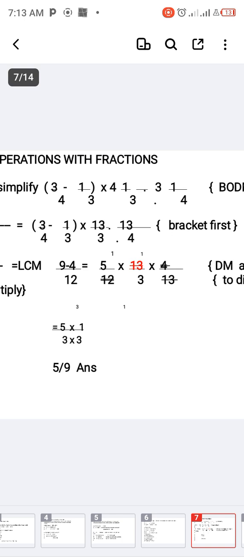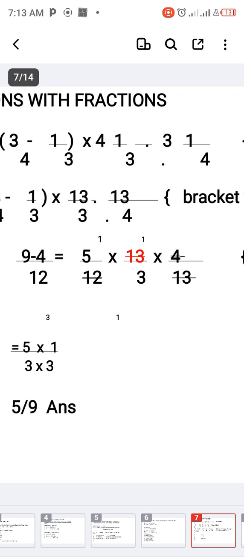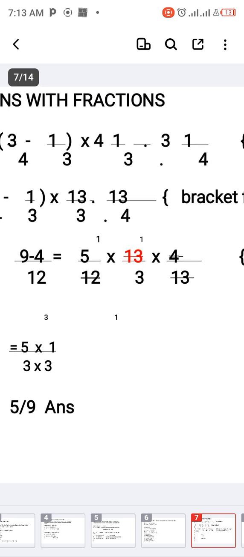Please put the division sign here, between 4 whole number 1/3 and 3 whole number 1/4.